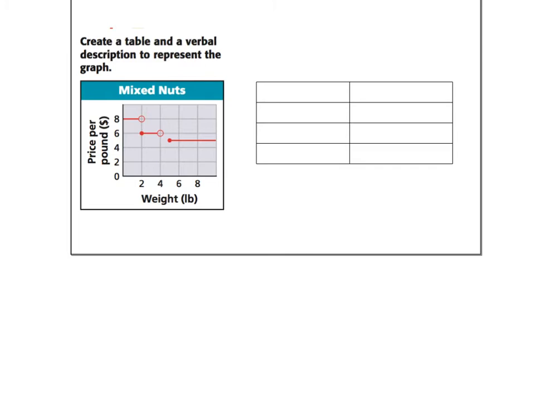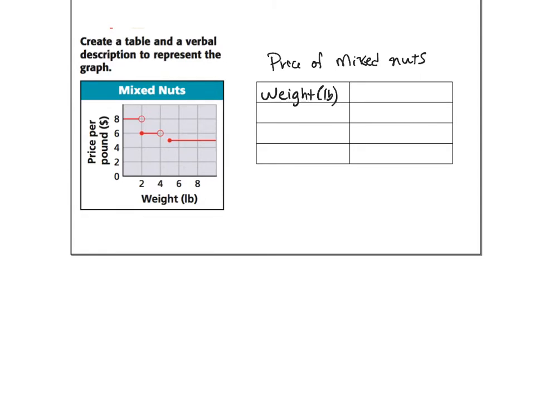All right, so the first way to do this is define your two variables. On one side, I have weight. On the other side, I have price per pound. So I'm going to call this price of mixed nuts. That's my title. Okay, and so here I'm going to put weight on one side, and I'm going to put the units in for pounds.